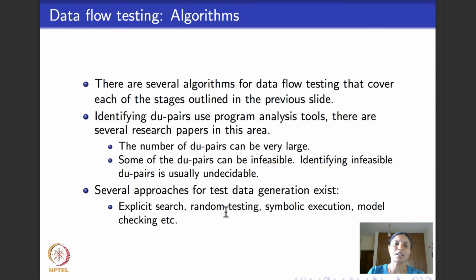It so happens that for test data generation, there are many different algorithms. You can do algorithms based on explicit search, random search, symbolic execution, or model checking. Several different techniques, and about four decades of research has gone into algorithms in these areas. I will not spend time looking at these various algorithms because we'd like to move on to other test case definition terminologies.